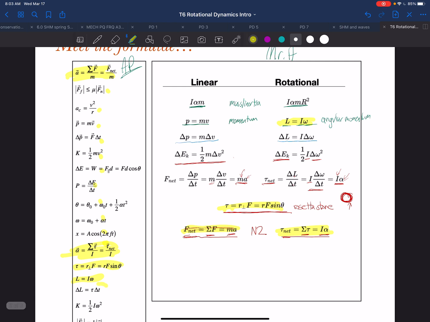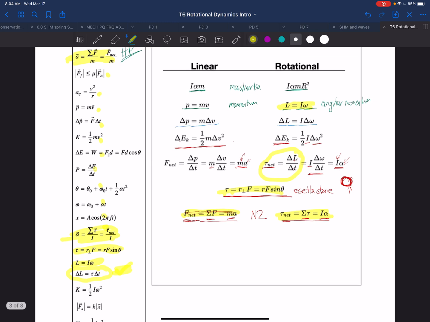And you'll notice this delta L is T delta T. And you can see then that that is here. If you rearrange this, you get the change of momentum as the torque times the change in time. Again, I don't think this is a useful version of the formula. It's much easier to make this parallel construct. And we have the kinetic energy is equal to 1/2 I omega squared, which you have here.